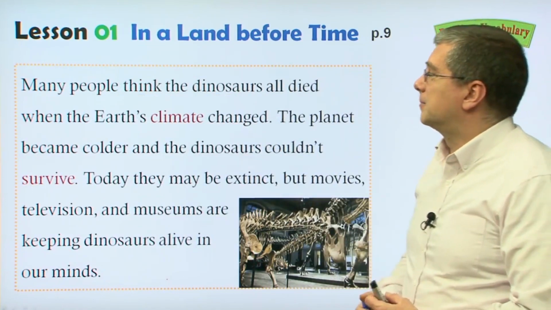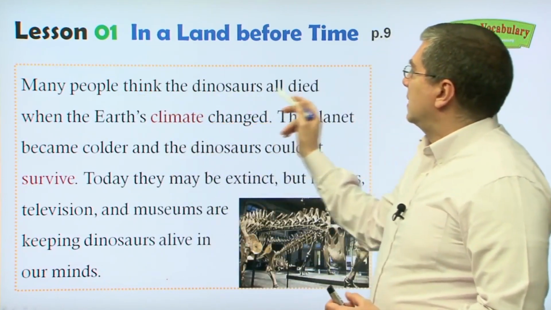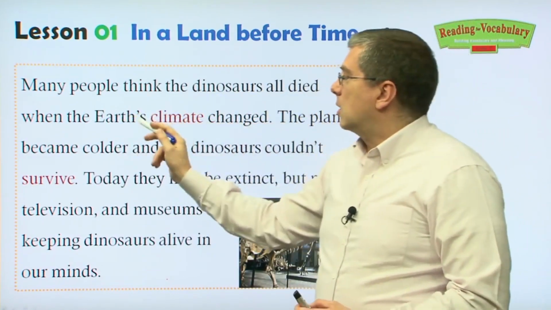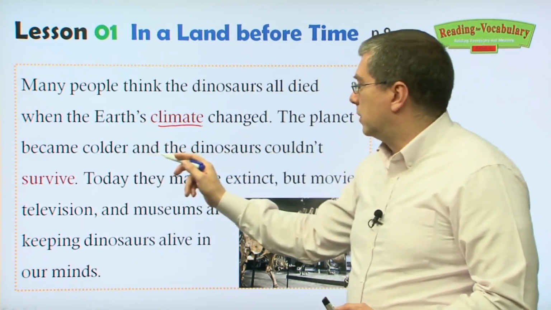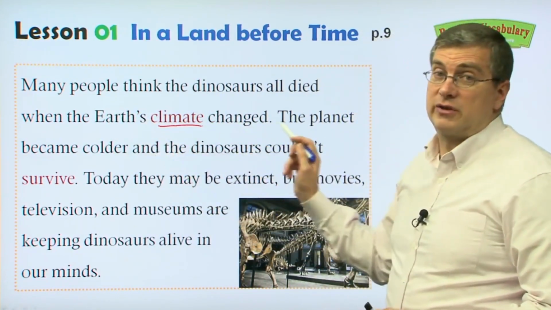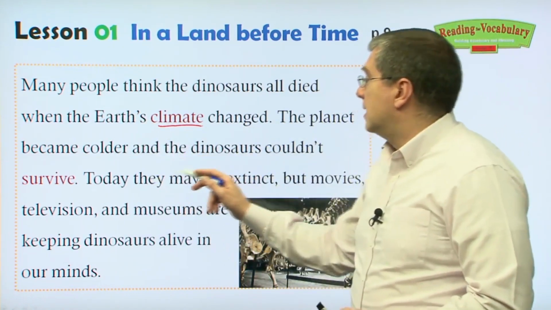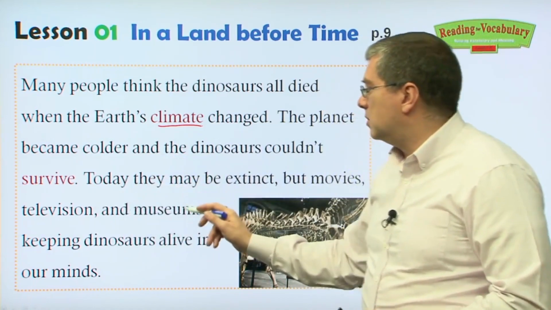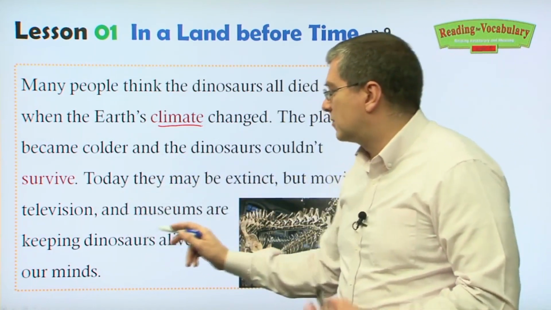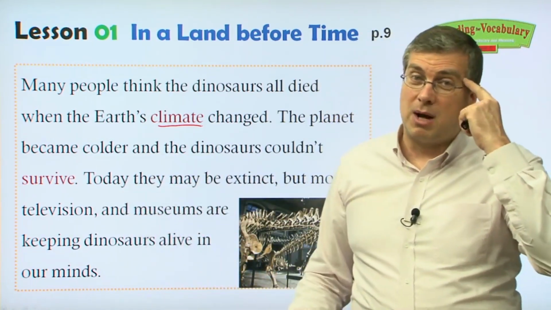Let's read it together. Many people think the dinosaurs all died when the Earth's climate changed. The planet became colder and the dinosaurs couldn't survive. Today, they may be extinct, but movies, television, and museums are keeping dinosaurs alive in our minds.